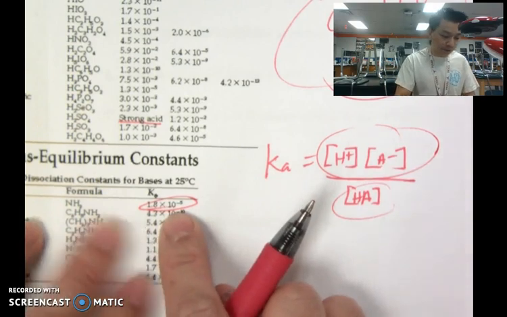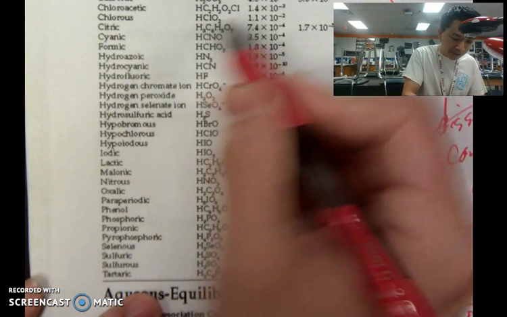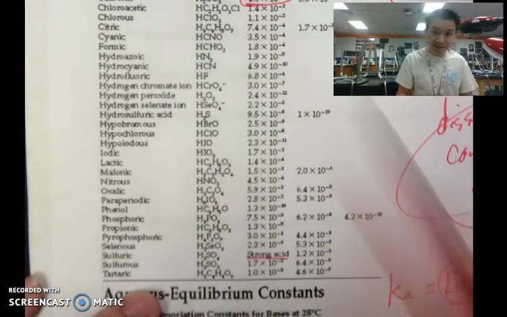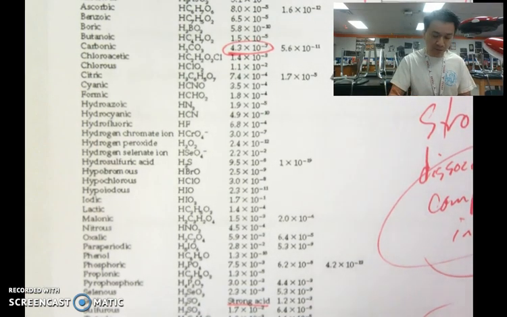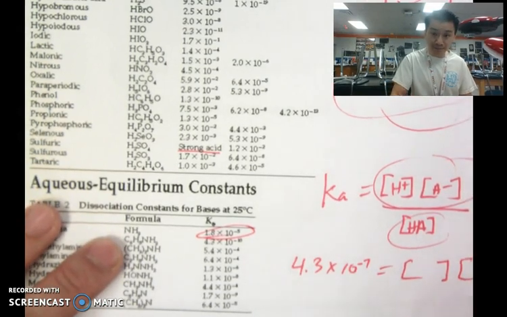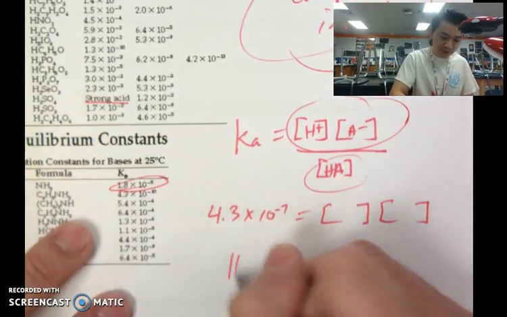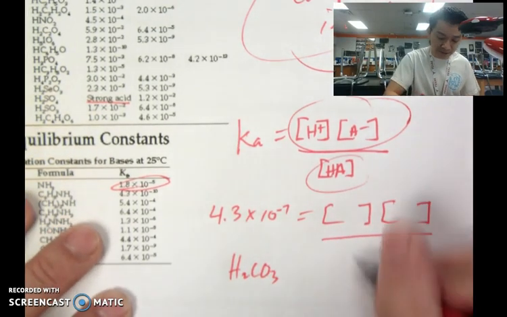Let's just pick a random acid up here. Carbonic acid, 4.3 times 10 to the negative 7. So 4.3 times 10 to the negative 7 equals the concentration of the two things that carbonic acid, H2CO3, splits up into: H plus and CO3 2 minus, over the concentration of H2CO3.